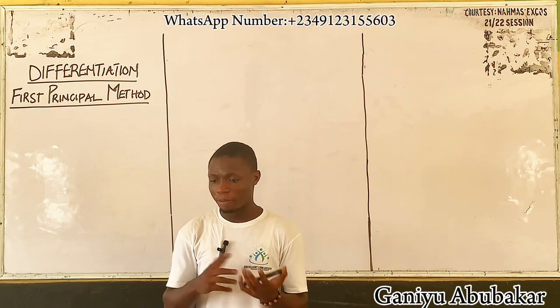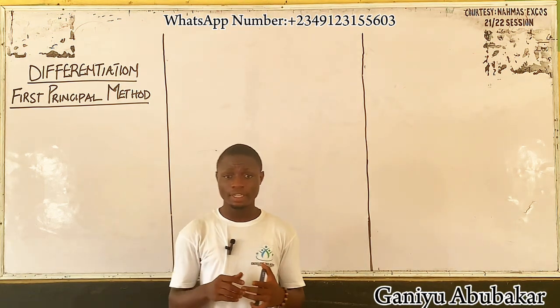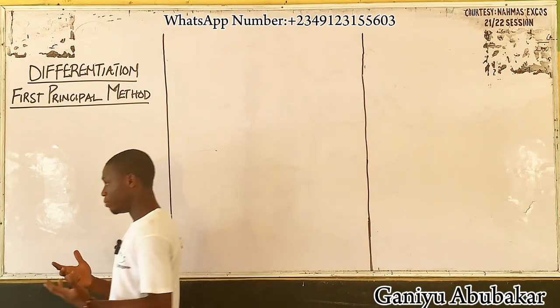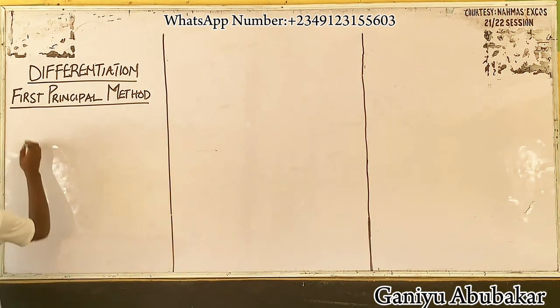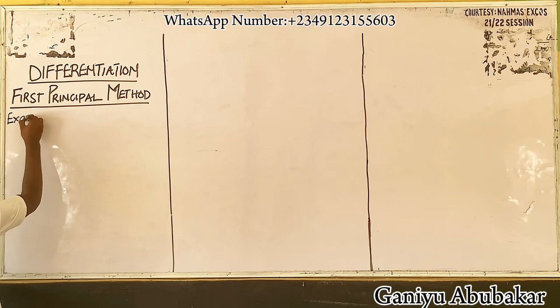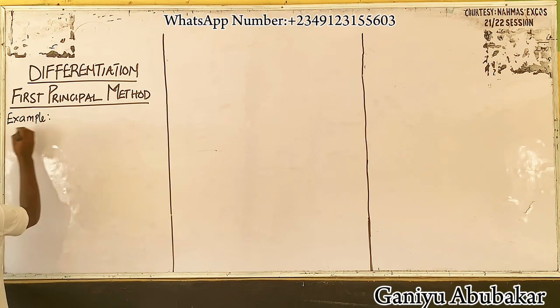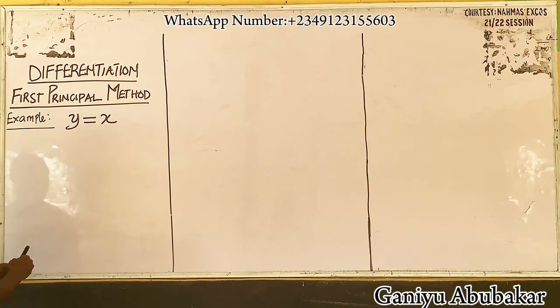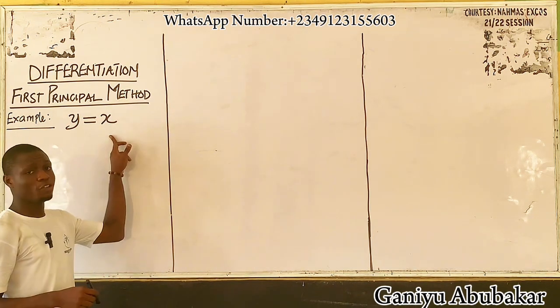Let's do a few problems and see how we can evaluate them using first principle. Let's take an example. Let's say I have y is equal to x, and I'm told to differentiate this using first principle.